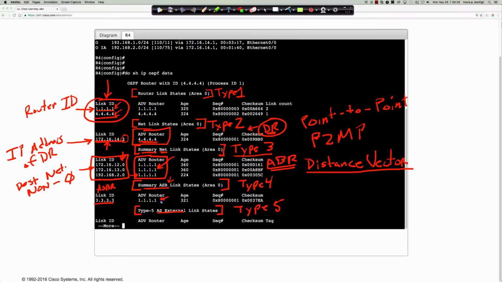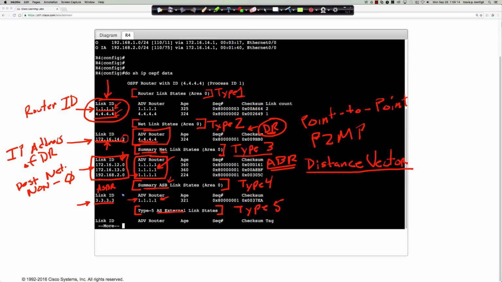So again, it's sort of this link state behavior with router 1 flooding into area 0 that update right there that says, hey, if you need to get to 3.3.3.3, come to me.